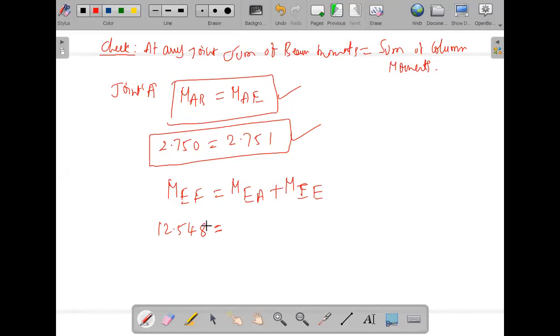Now, what is the MEA value? 2.499, plus the MEI value, 10.05. So this value is correct, 12.548 for EF.